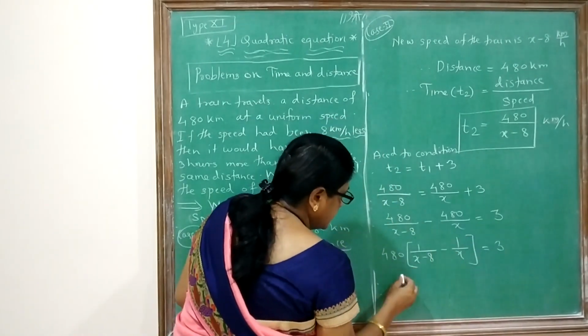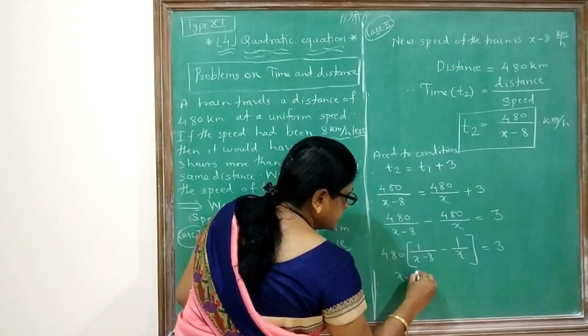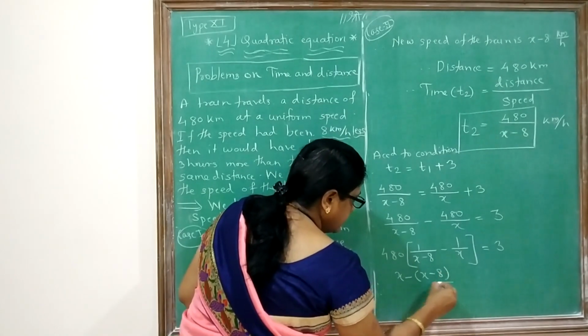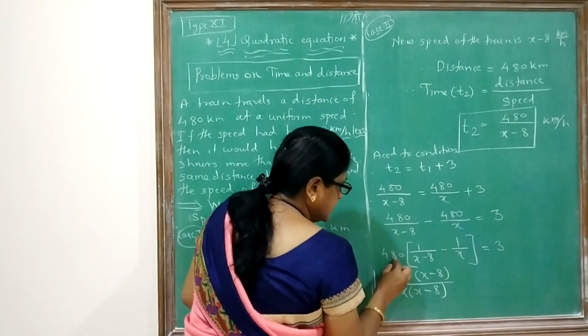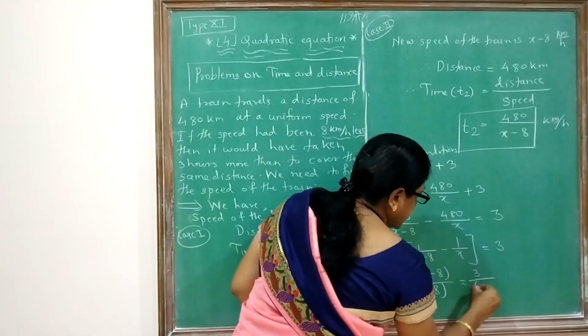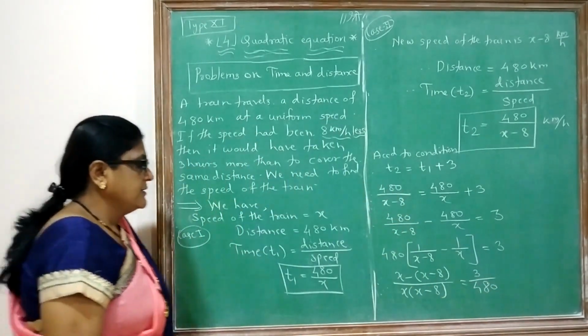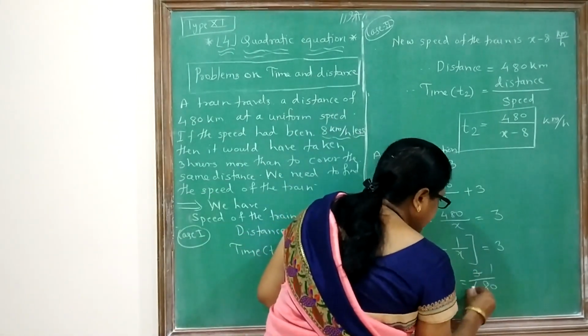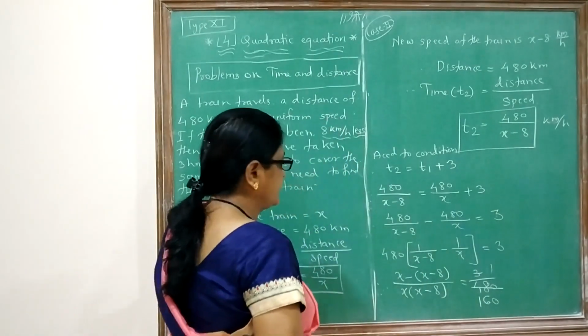And here cross multiplying, x minus x plus 8 divided by x into x minus 8, and this 480 will be transferred to that side. Then 3 ones are 3, 3 sixes are 18, here 0.